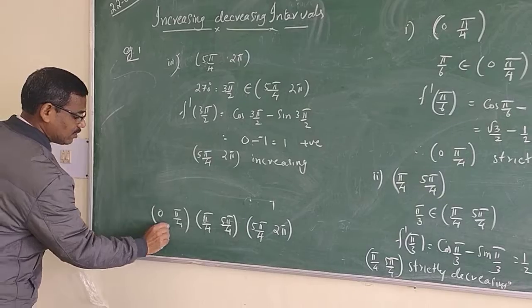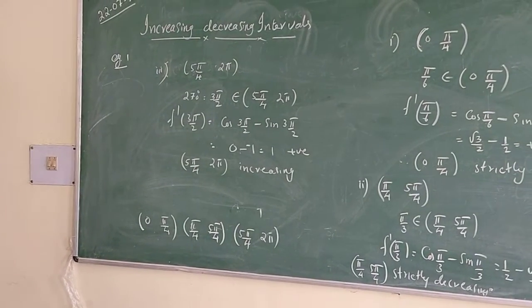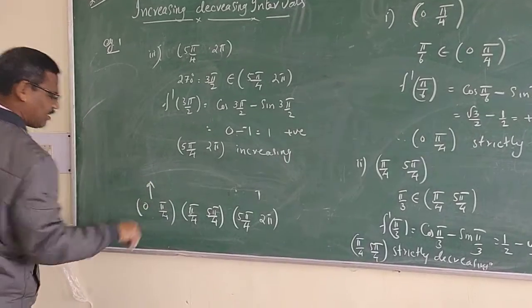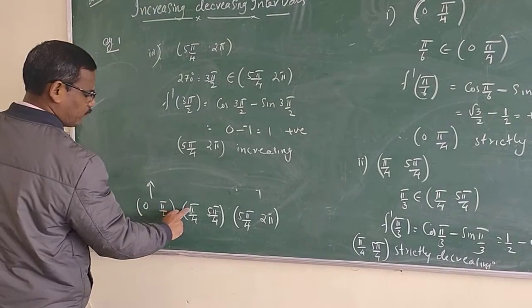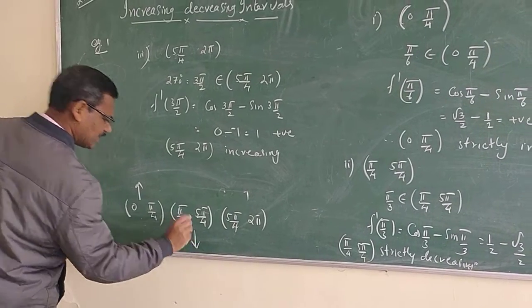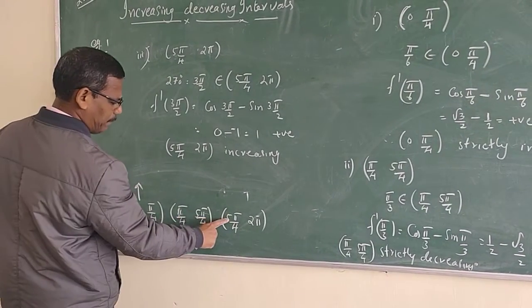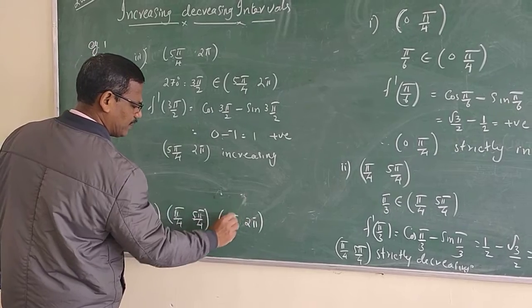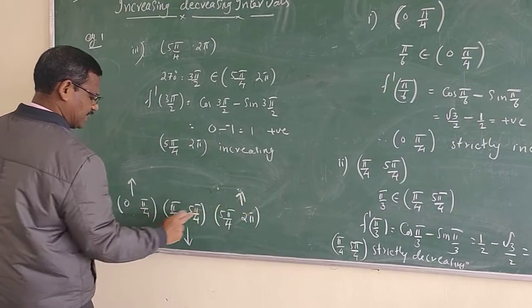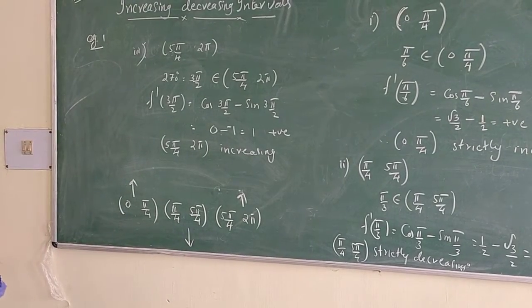So 0 to pi by 4, we got positive, so that is an increasing interval. Pi by 4 to 5 pi by 4 is decreasing. And 5 pi by 4 to 2 pi is increasing. So these two are increasing and this is the decreasing interval.